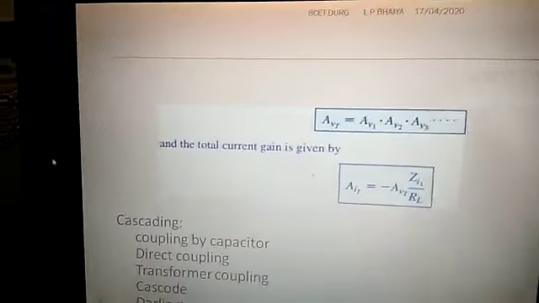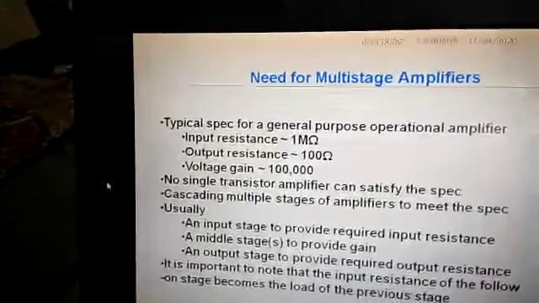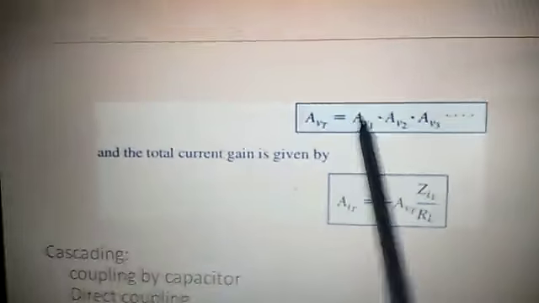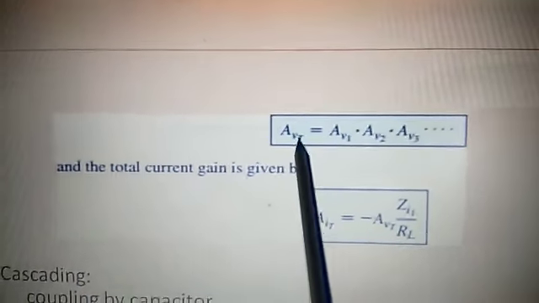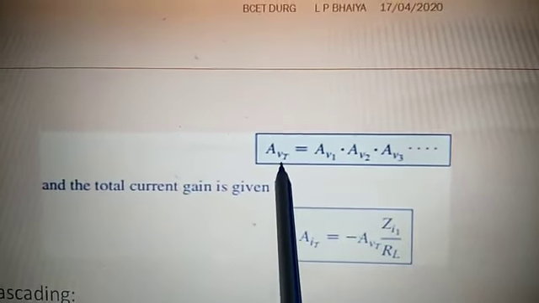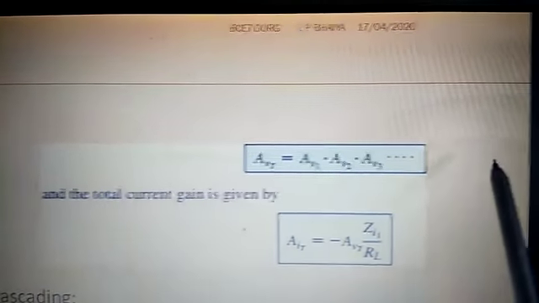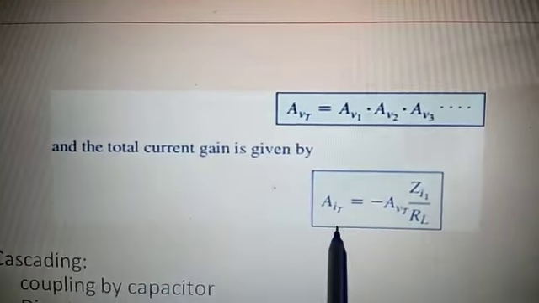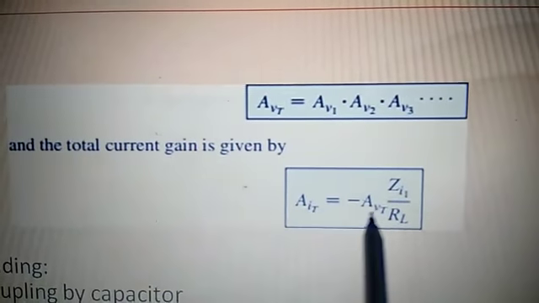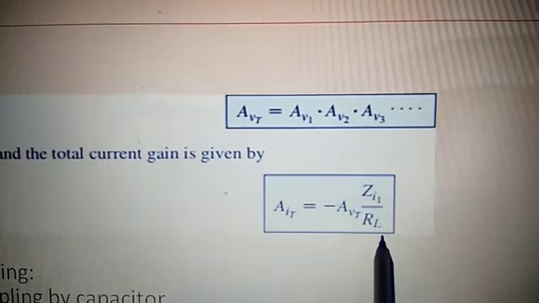So this is the general criteria of the overall cascading amplifier. You can see here the overall voltage gain without loading effect. It is given by AV, and this is equal to AV1 into AV2 into AV3 and so on. This is the overall voltage gain of the cascading amplifier, and the current gain of the cascading amplifier is equal to minus AV into ZI1 upon RL.